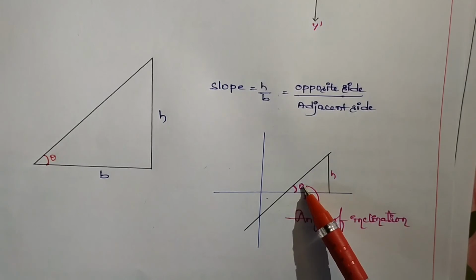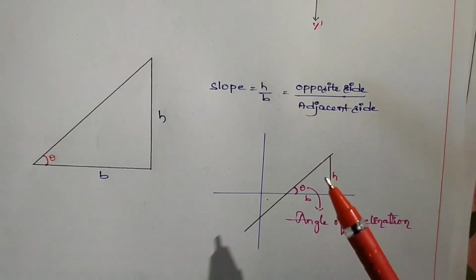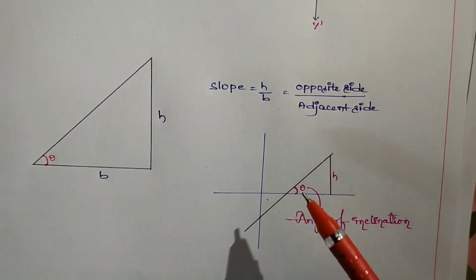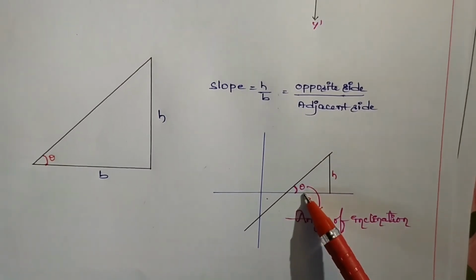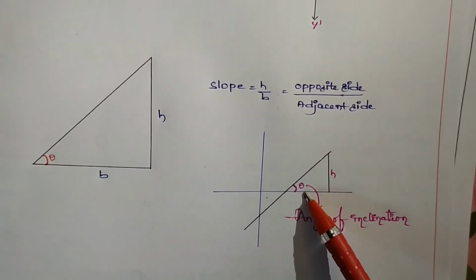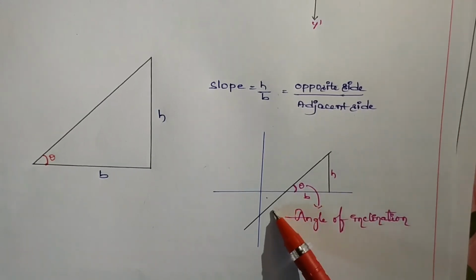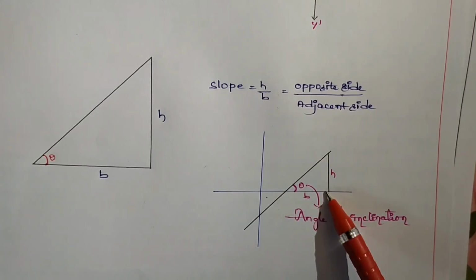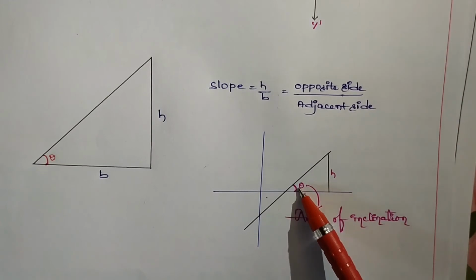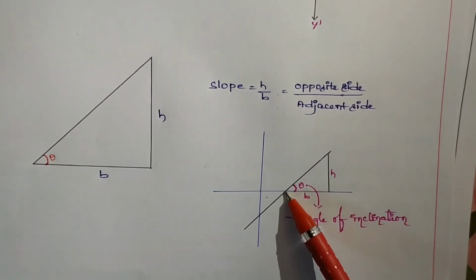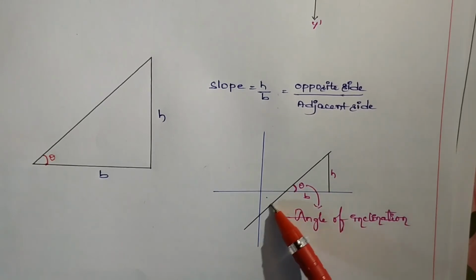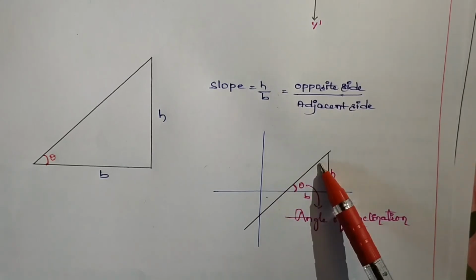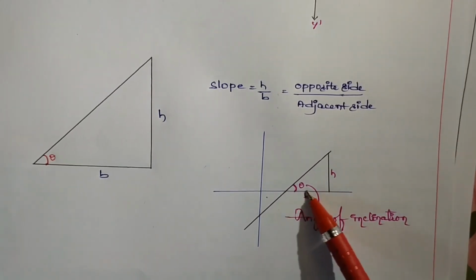Here the angle of inclination of a line is the angle formed by the intersection of the line and the x-axis.